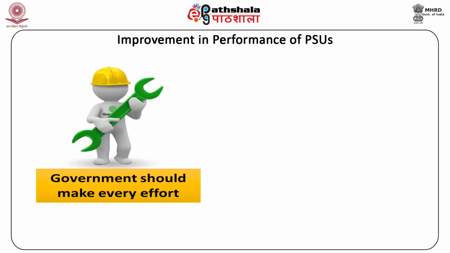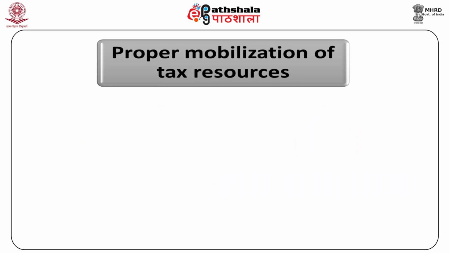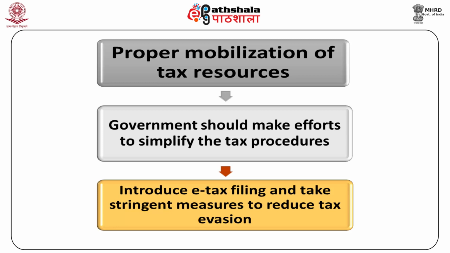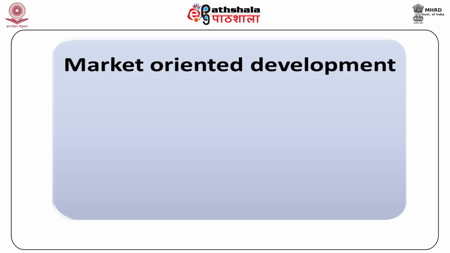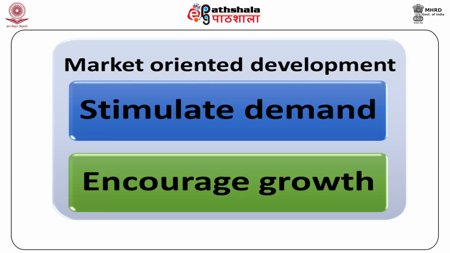Therefore, the government should make every effort to improve efficiency and performance of public sector units PSUs, which in turn would enable the government to obtain more funds for productive expenditure. Proper mobilization of tax resources. The government should make efforts to simplify the tax procedures, introduce e-tax filing, and take stringent measures to reduce tax evasion. Market-oriented development. Market-oriented development will stimulate demand and encourage growth.